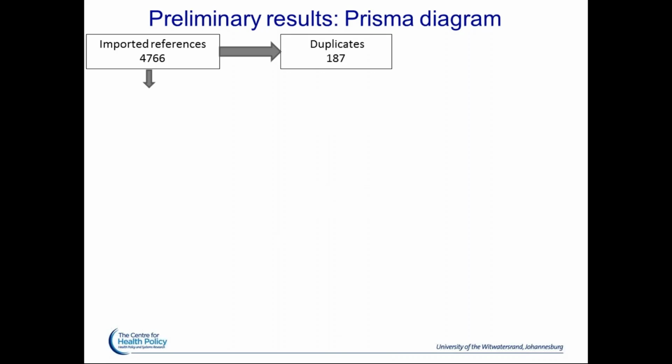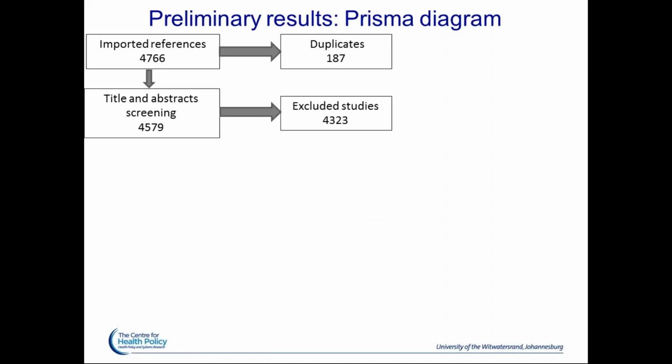We were able to exclude 187 duplicates. During the title and abstract screening stage, we still had over 4,500 articles that needed to be screened. At this stage, we needed to expand our team because it's quite hard to get through 4,500 articles, so we needed to include more reviewers.